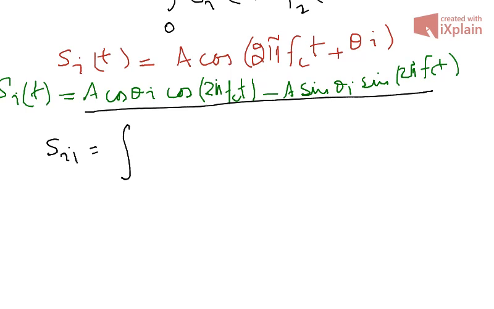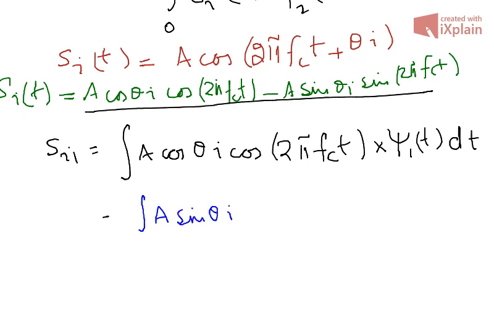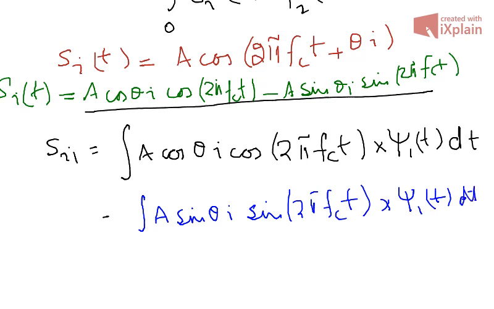You have A cos theta I cos 2 pi FCT multiplied by psi 1 of t dt, minus A sin theta I sine of 2 pi FCT multiplied by psi 1 of t dt.